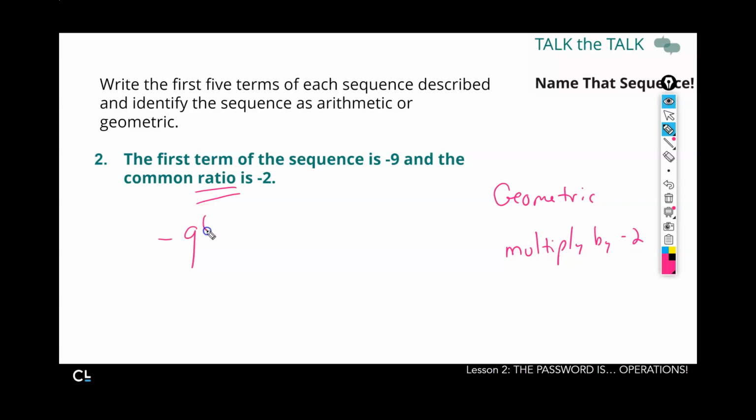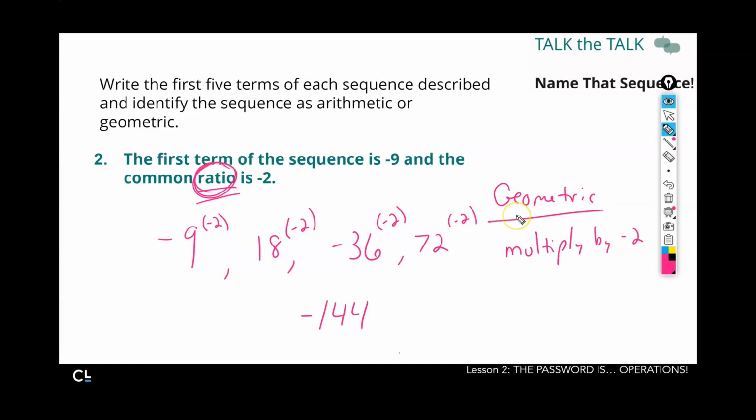So -9 times -2 gives me a +18. +18 times -2 is going to give me a -36 for my next term. -36 times -2 is going to give me a +72. 72 times -2 is going to give me a -144. So look for those key words. This one tells me it's geometric.